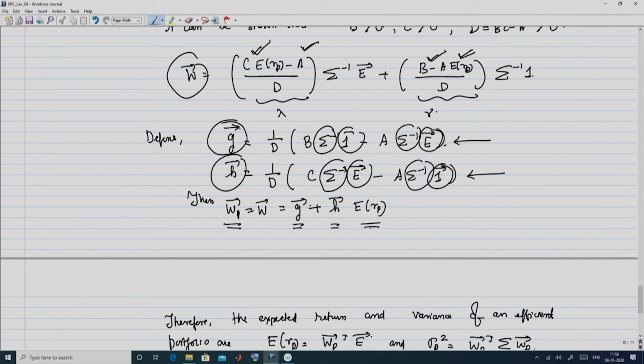That means that any portfolio that rides on the efficient frontier will have the weights W p given by G plus H into E R p. So, the weights will simply be a function of E R p. You can choose the different portfolios on the efficient frontier by choosing different values of E R p, which specifies your level of expected return that you want, but recognizing that your G and H are going to remain fixed.